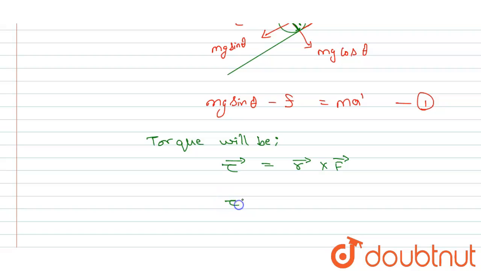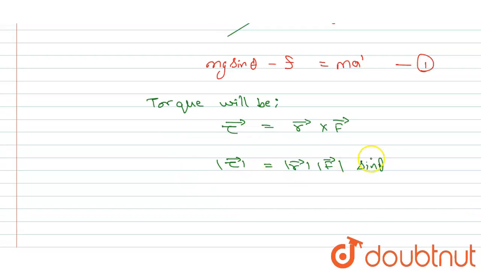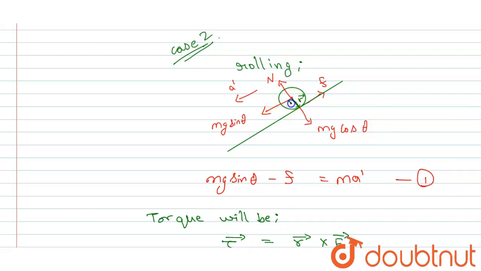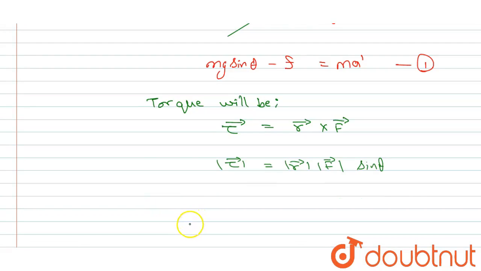The magnitude of torque will be equal to magnitude of r, magnitude of F, and sin theta. Here the angle between them is 90 degrees, so the value of sin theta is 1.